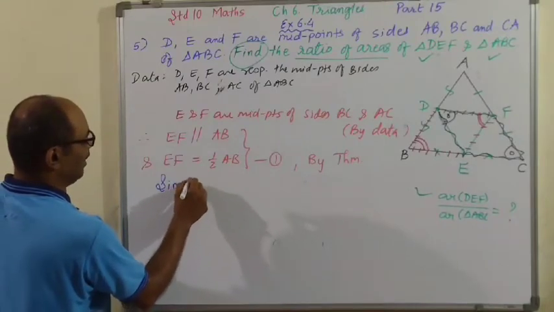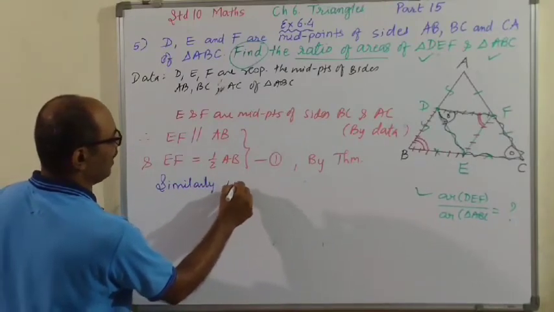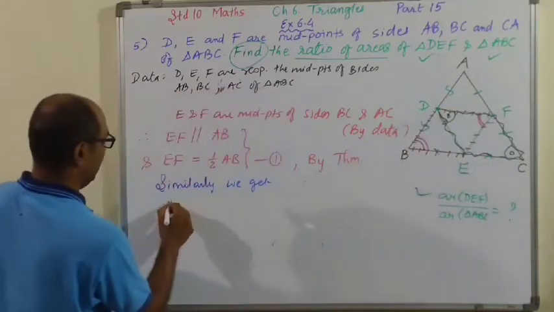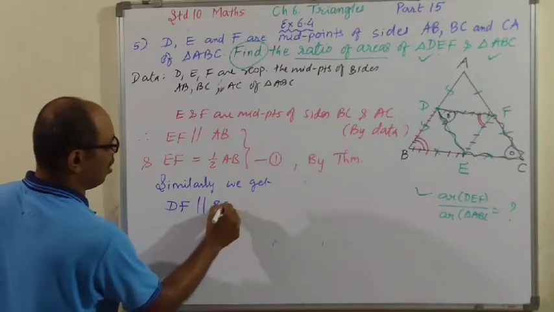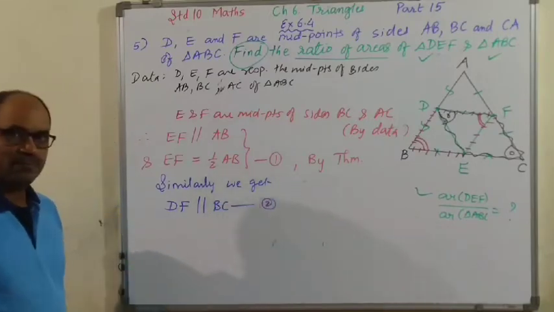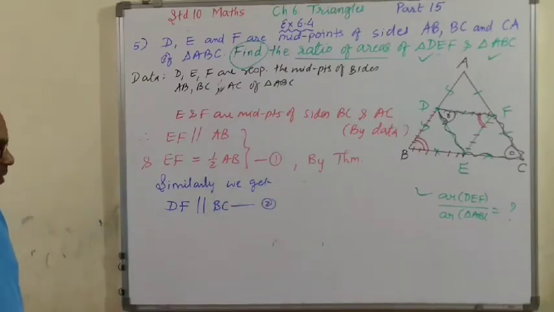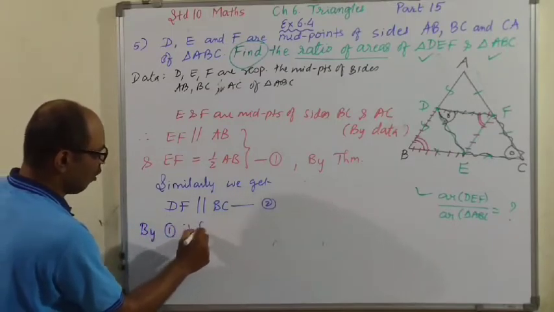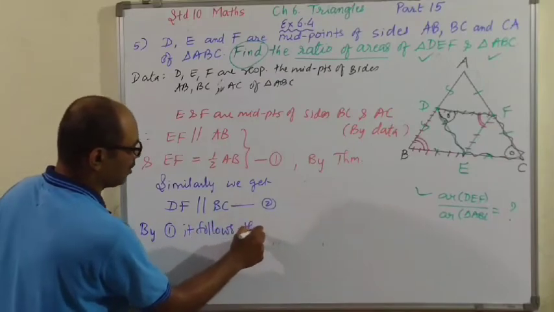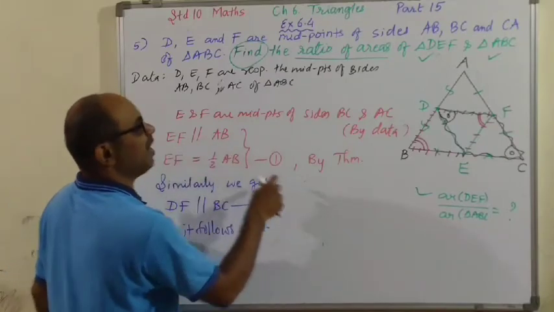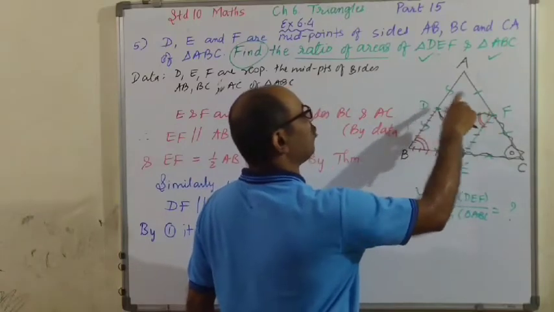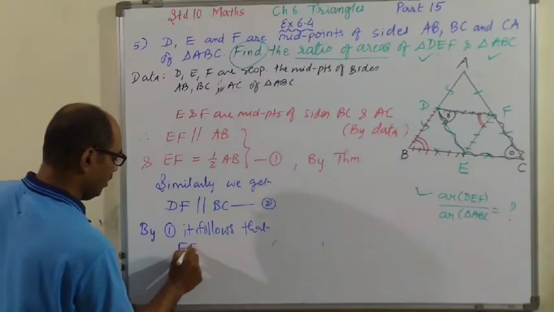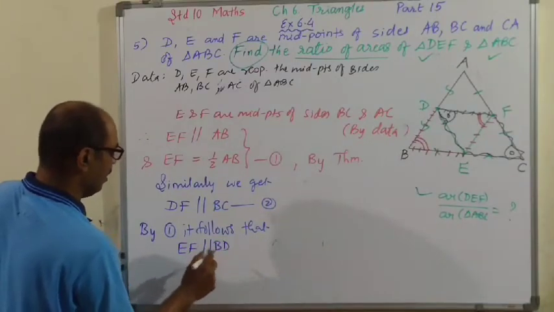Similarly, we get, I'm going to write directly now. Similarly, we get DF is parallel to BC. Result number 2. By 1, it follows that EF is parallel to AB. So you can say EF is parallel to BD.